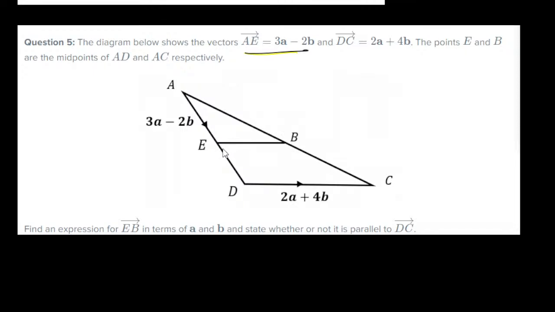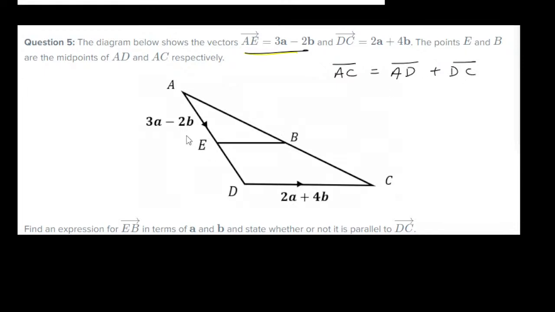Express EB in terms of a and b. Okay, so first of all, let us find AC. How do you get AC? Your AC bar will be equal to AD plus DC.